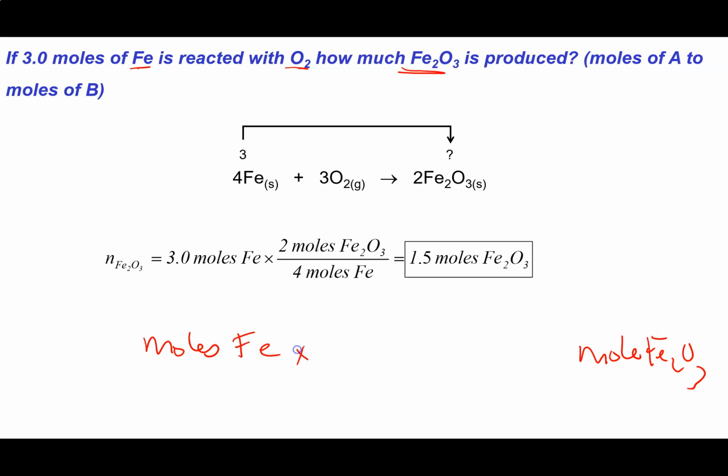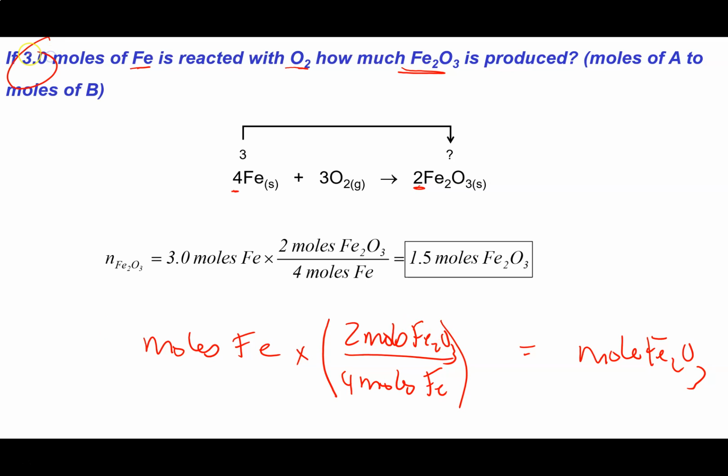So I multiply by the conversion factor that has moles of iron on the bottom, so that's 4 moles of iron, and moles of Fe2O3 on the top, for every 2 moles of Fe2O3. I started with 3 moles, so you can see that works. So 3 times 2 on 4, very obviously 1.5.